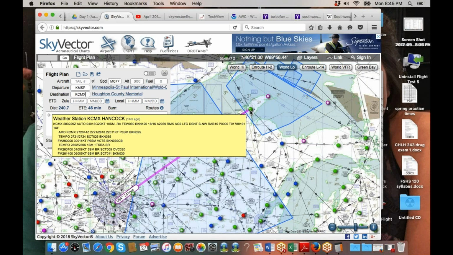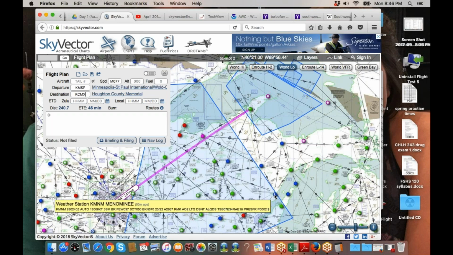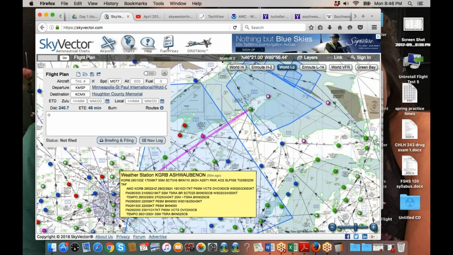So hopefully the dispatcher looked at the weather from the night before and thought, okay, maybe the runways weren't as good as we thought, and planned an alternate. If not, they might have just been chucking down here to, I think Green Bay's right here. Somewhere down here. There it is.